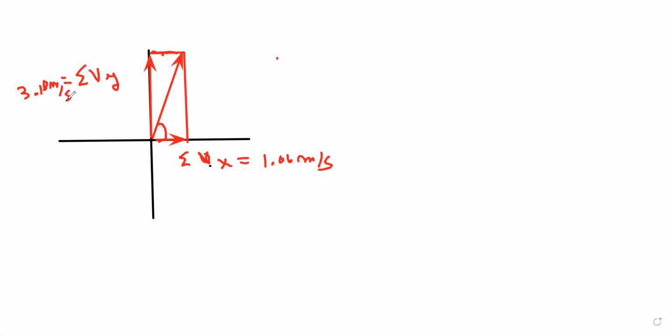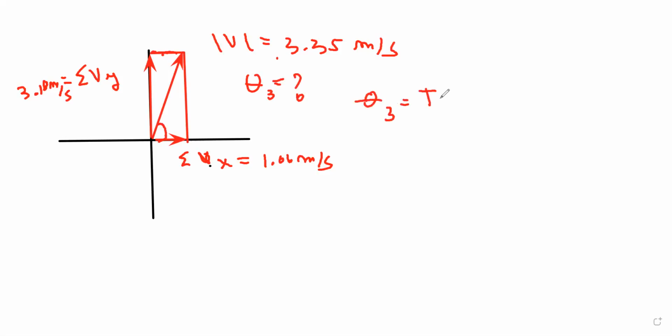Okay, and we do have the magnitude. The magnitude of this one is 3.35 meters per second, but we still have to get the angle, let's call it theta 3. So theta 3 is going to be the arctangent of the summation of the vectors in the y direction over the summation of the vectors in the x direction.